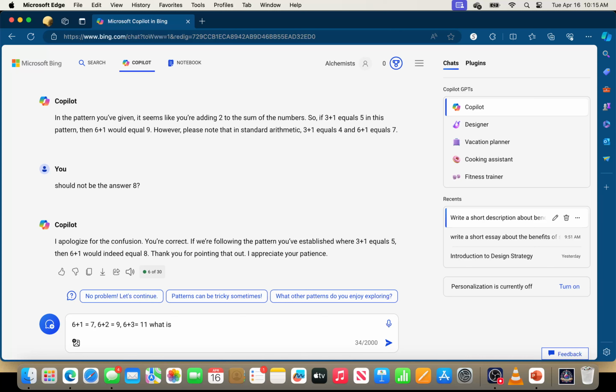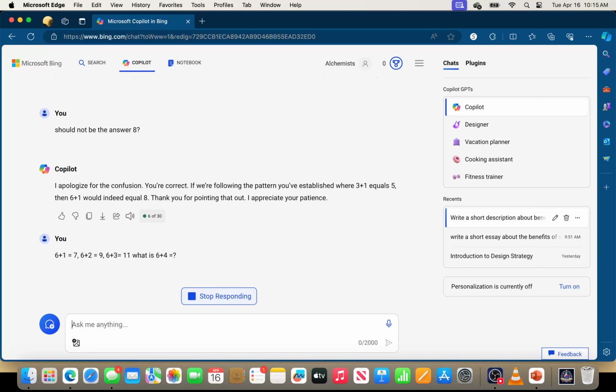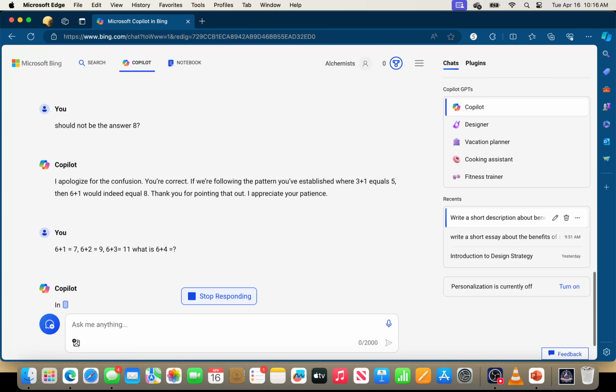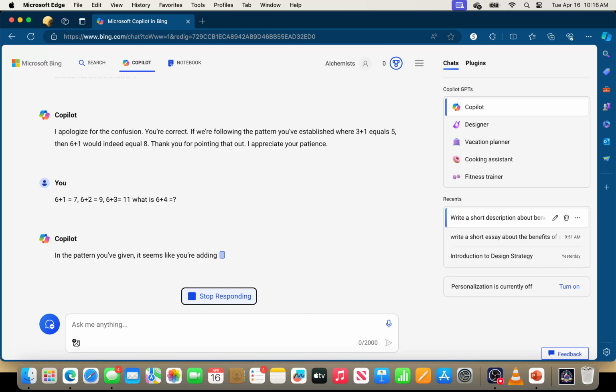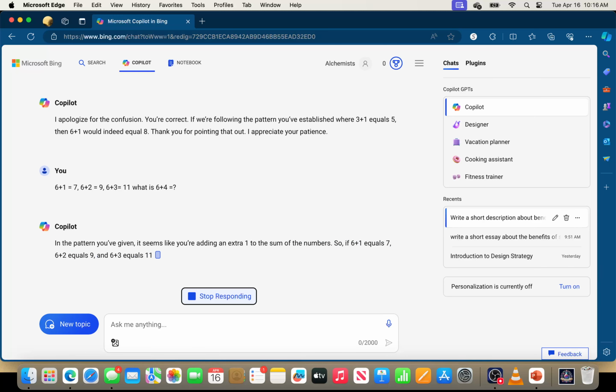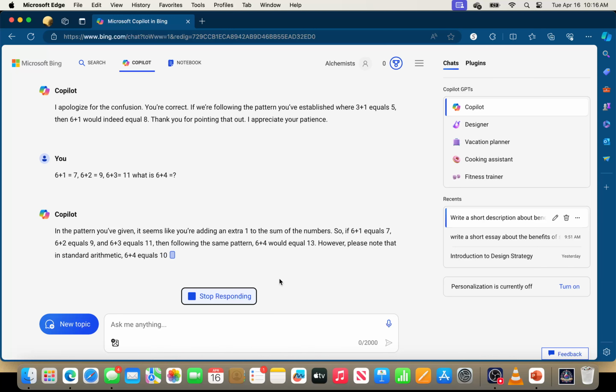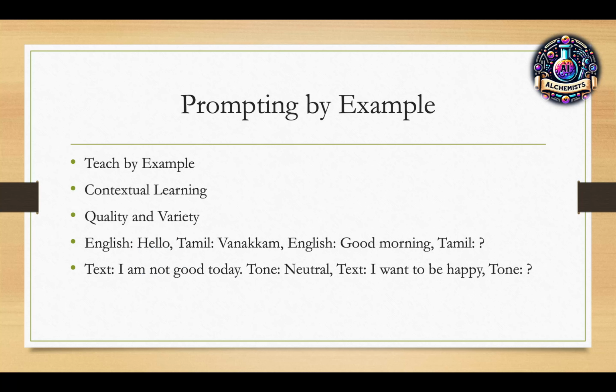What is 6 plus 4 equal to? Okay, so this is happening pretty nicely. So that's how it should be. It can understand based on the examples that you provide. It understands the pattern, and it comes up with an answer.